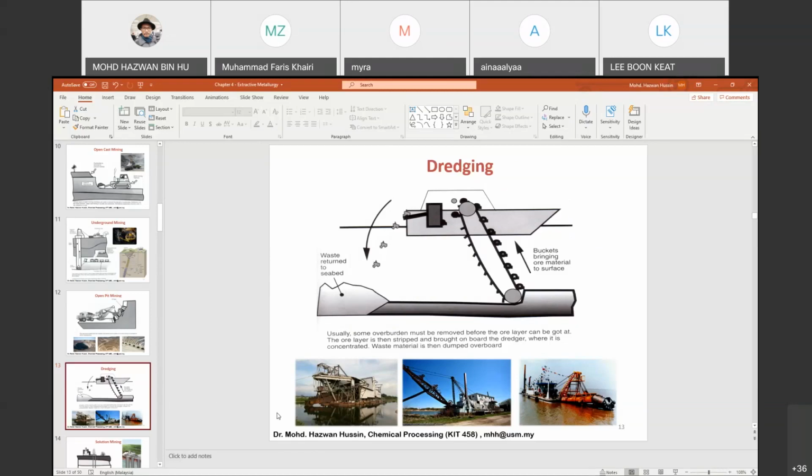Usually some overburden must be removed before the layer of ore can be isolated. The ore layer is then stripped and brought on board with a dredger where it is concentrated, and then the waste mineral is dumped overboard.